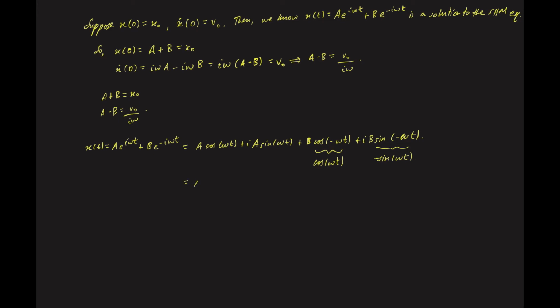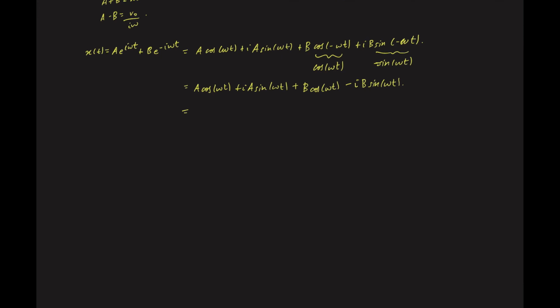Okay, so this is A cosine omega t plus i A sine omega t plus B cosine omega t minus i B sine omega t.